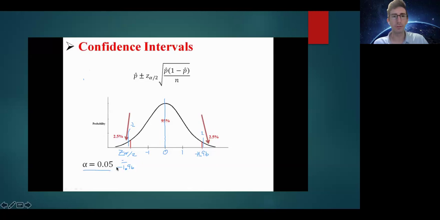We know alpha is 0.05, right? So we know alpha divided by 2 is 2.5% or 0.025. And we know that the z-value is always going to be this positive and negative 1.96. So we never have to really find this again for a 95% confidence interval question about a population proportion.